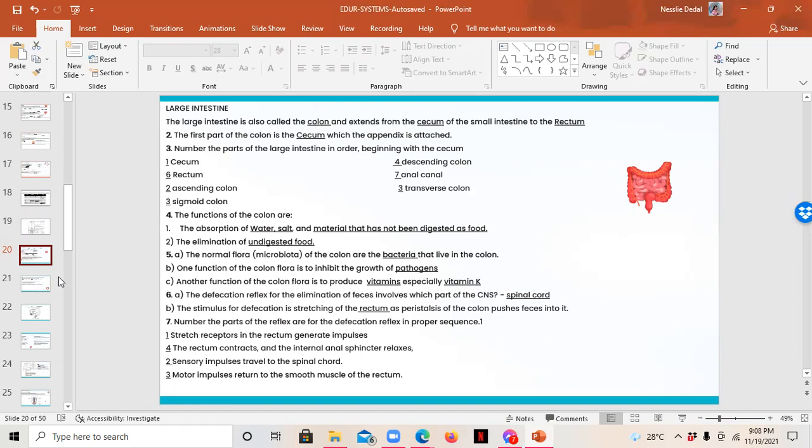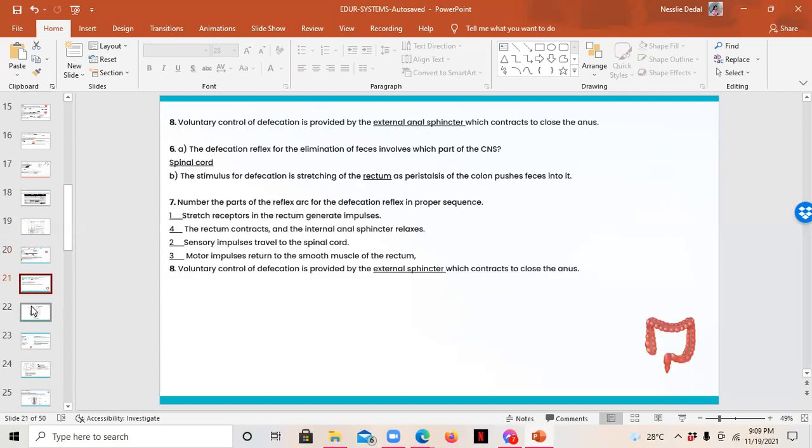Number 4, the rectum contracts and the internal anal sphincter relaxes. Number 8, voluntary control of defecation is provided by the external anal sphincter which contracts to close the anus.